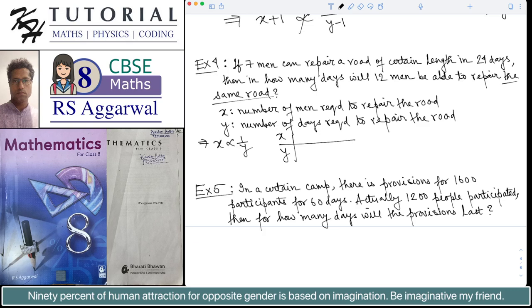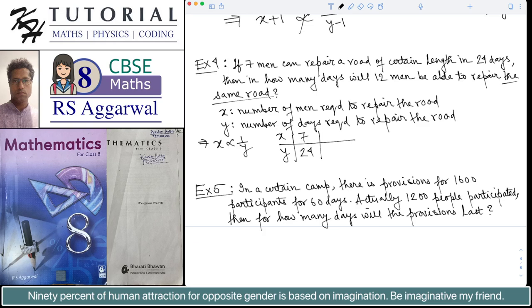That will not make any difference. Okay, so now it is given that 7 men are repairing the road in 24 days. So I will enter the data. The value of 7 will go for x and the value of 24 will go for y.